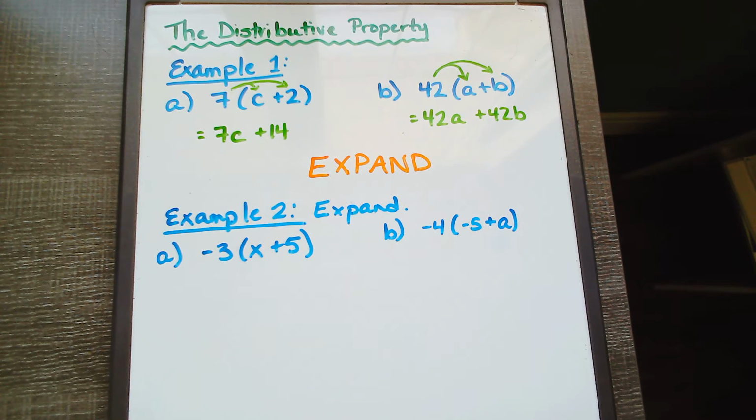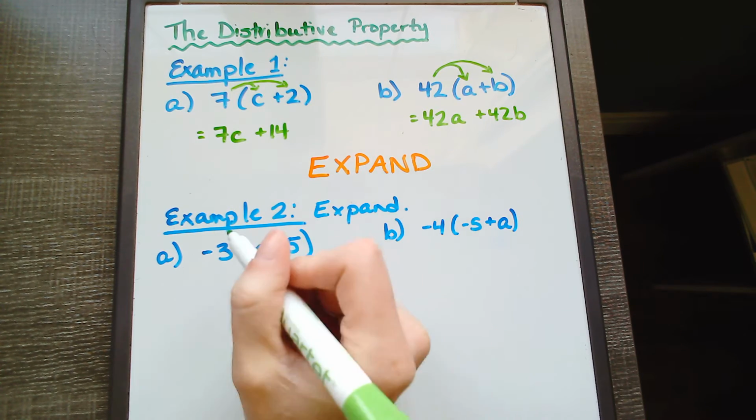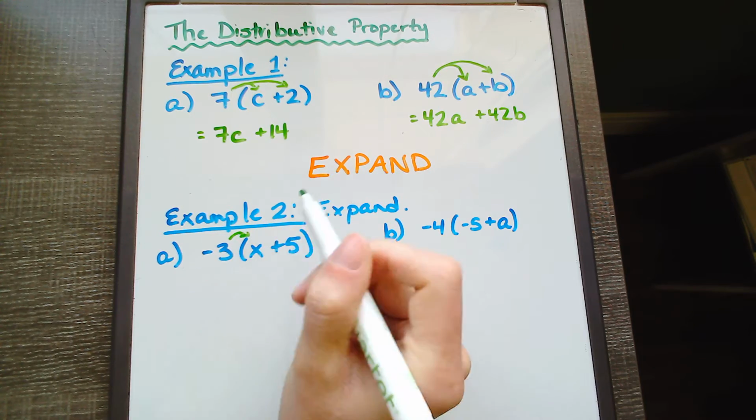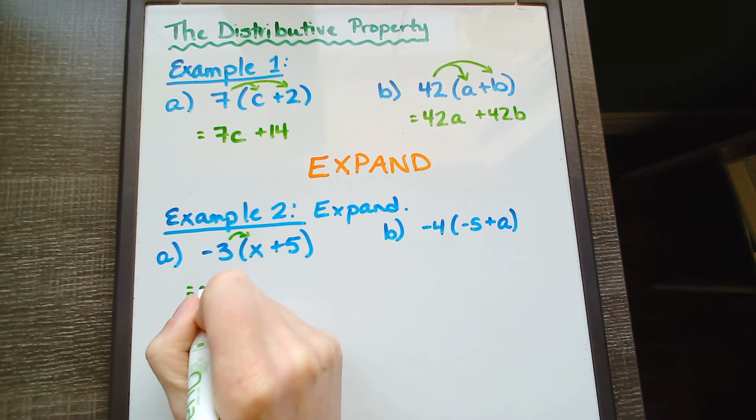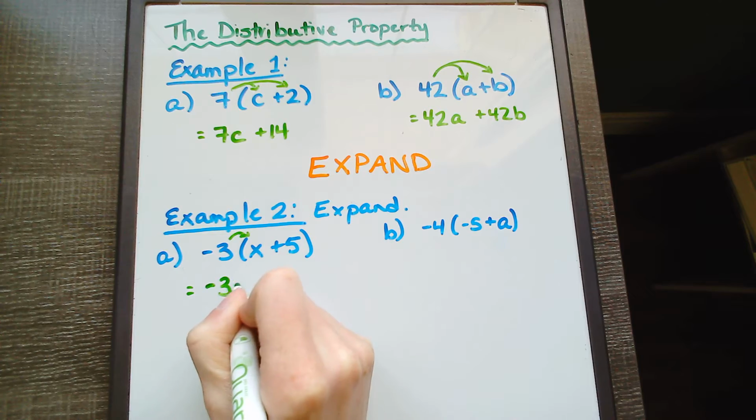But we know how to work with negative numbers. We still follow those multiplication rules. All that happens is we have to take that extra moment to think about what the sign is going to be of each of my terms now. So negative 3 times x is going to give me negative 3x.